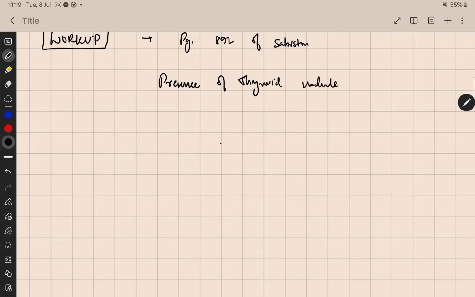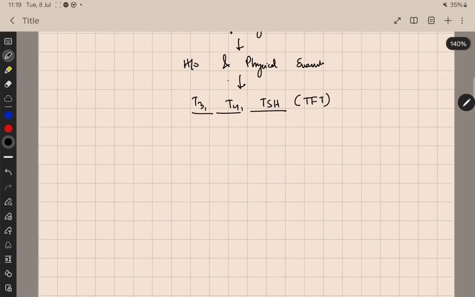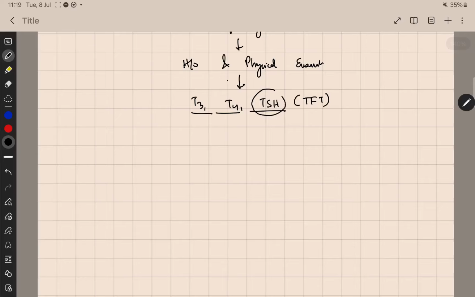The first investigation we'll do is history and physical examination. Then we'll measure T3, T4 and TSH. This is the thyroid profile test, also known as TFT. This is the main measurement that we have to do, and according to this we follow the protocol.